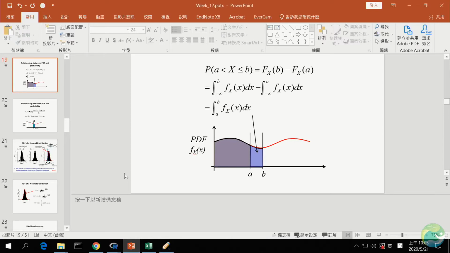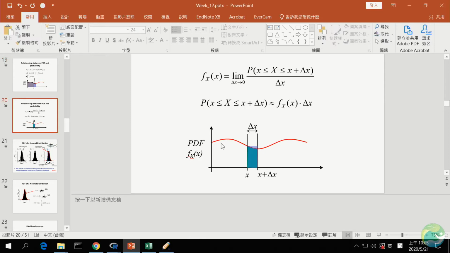All right, so right now we understand the definition of the PDF, the definition of probability density. How do you calculate density? You calculate the probability within a small range first, and then you divide this probability by the size of this range, and you get the density.